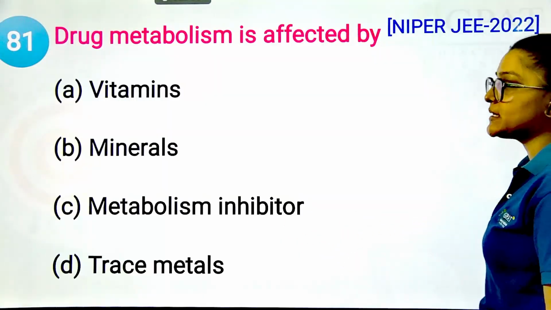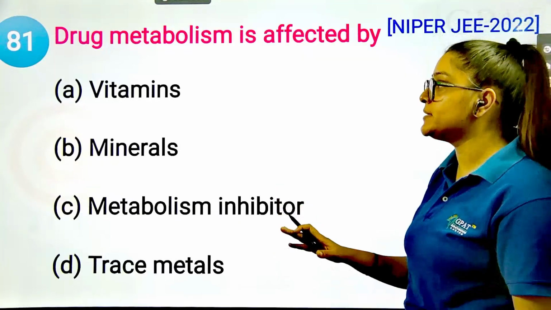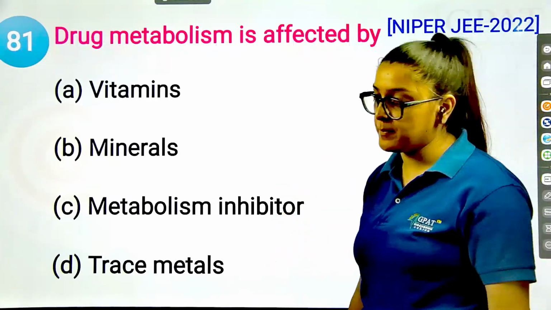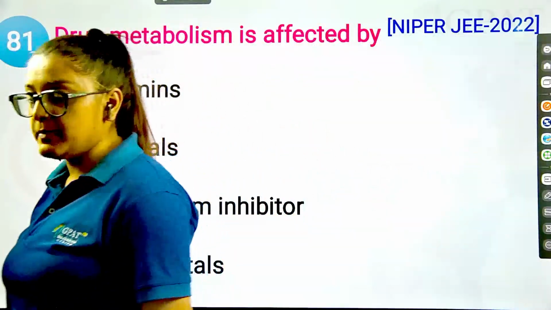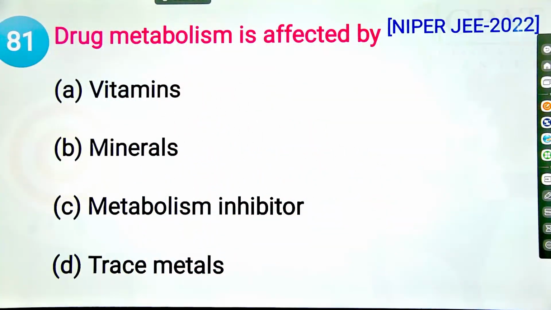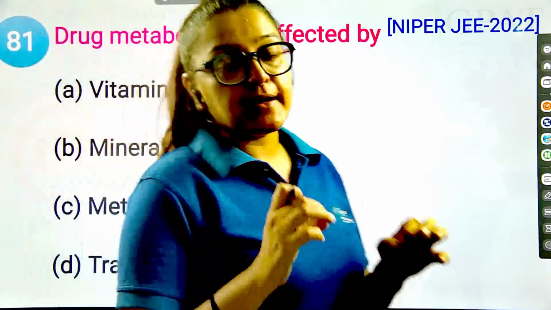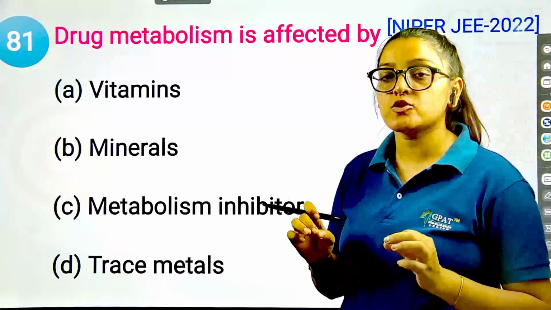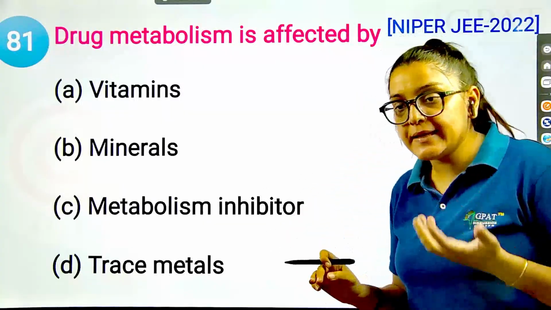Next, drug metabolism is affected by vitamins, minerals, metabolism inhibitors or trace metals. Please answer. Drug metabolism, basic interaction question. So, drug metabolism will be affected with the presence of the metabolism inhibitors, right?